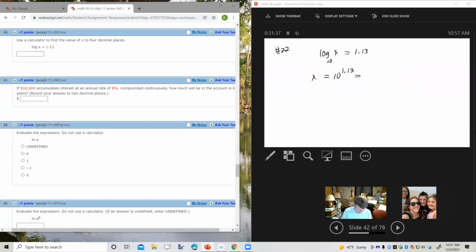And let's see what we get for that. 10 to the 1.13 power, 13.48962883, and it says to 4 decimal places, the 2 would round down. So here, 13.4896.